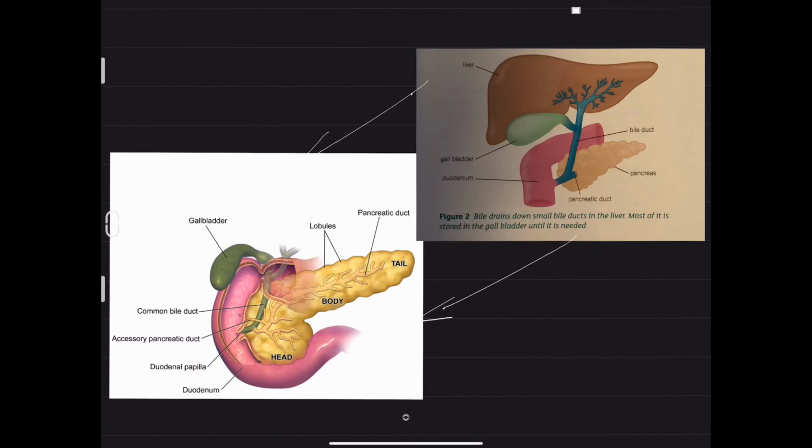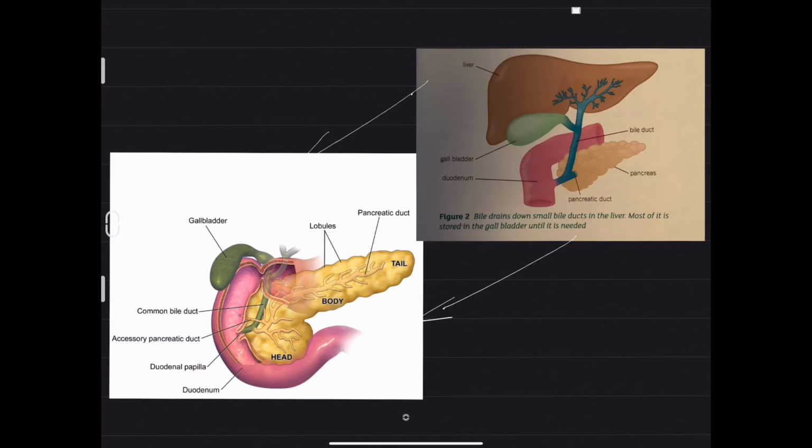And notice how the liver creates the bile, and it's stored in the gallbladder until it's needed. So as it says, bile drains down the small bile ducts in the liver, and most of it is stored in the gallbladder until it is needed.